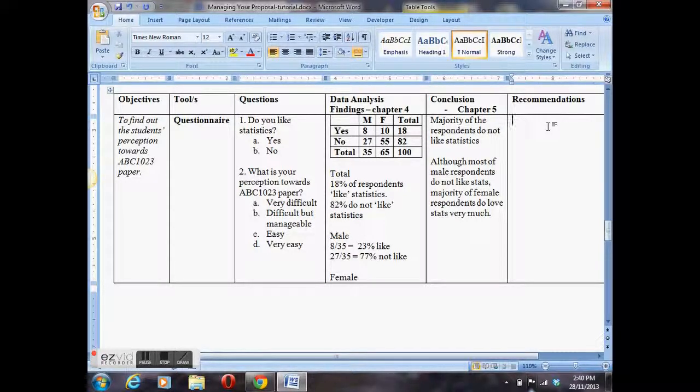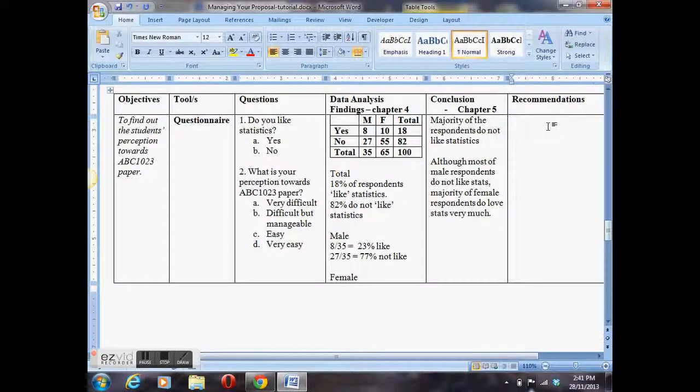When we come up with recommendations, we try to focus on to whom this recommendation should be given.